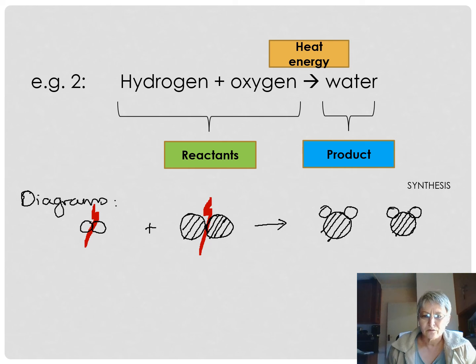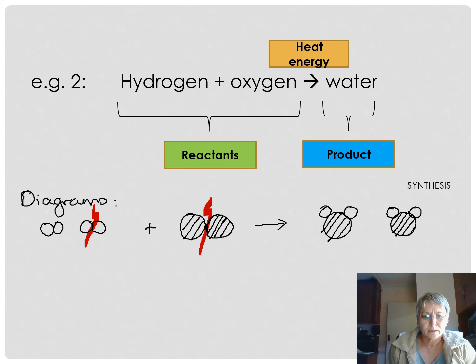Now it looks like we've created two more hydrogen atoms, but that's also not possible. So we need to add two more hydrogen atoms in one hydrogen molecule to balance the equation. Now we have the same number of hydrogens on each side of the arrow and the same number of oxygens on each side of the arrow.